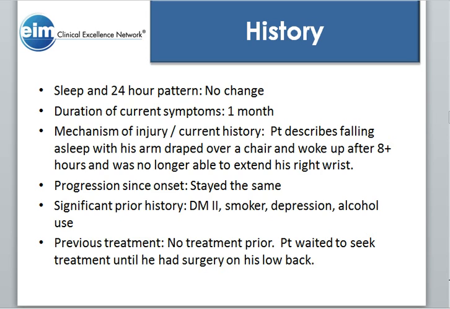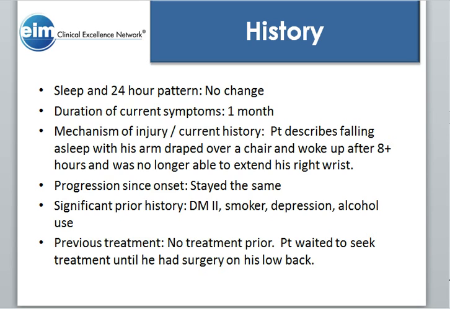He felt that having diabetes, being a smoker, and being diagnosed with clinical depression and alcohol use were significant for this condition, just due to tissue healing and time frame.